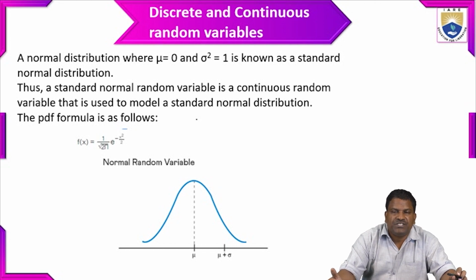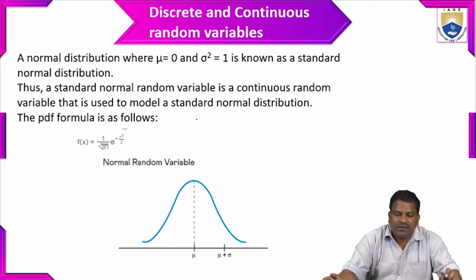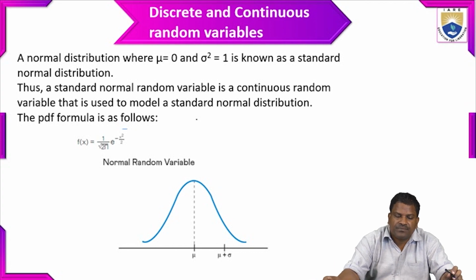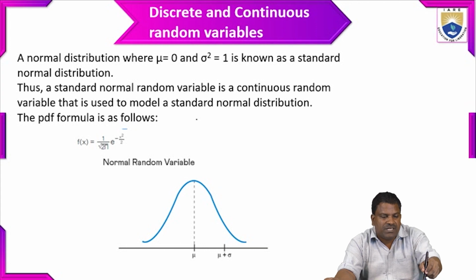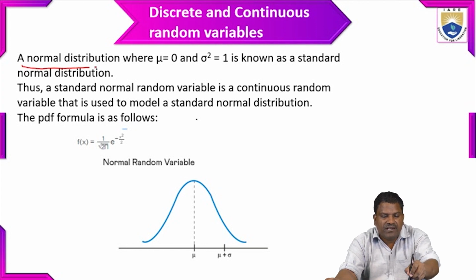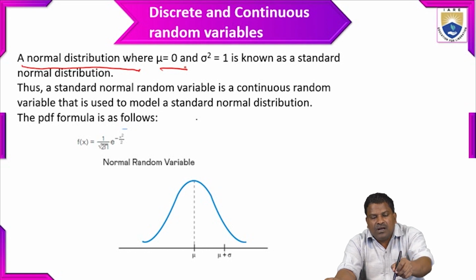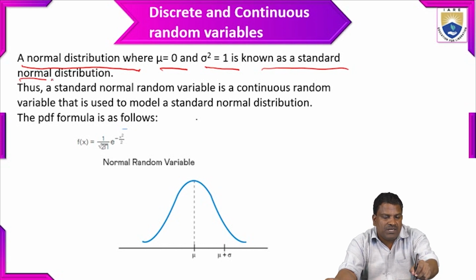A normal distribution where mu is equal to 0 and variance sigma square is equal to 1 is known as a standard normal distribution.